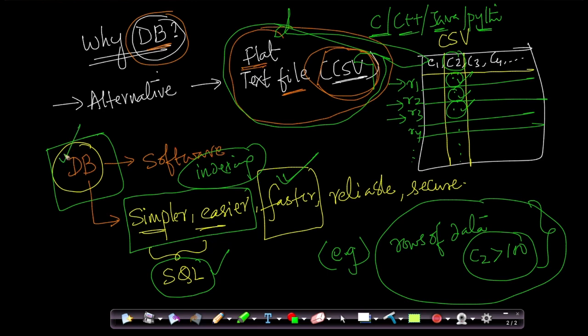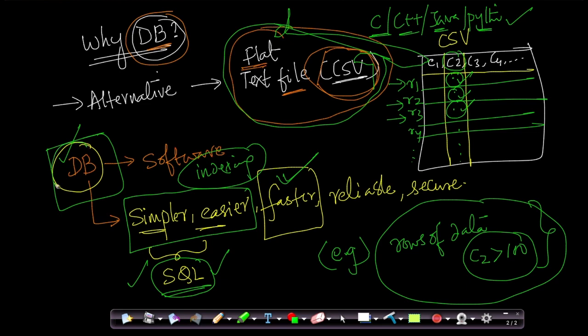The database takes care of retrieving the data for you. You don't have to know about file handling. You don't have to know advanced programming. You don't have to worry about if this table is very large. You don't have to know concepts in operating systems, etc. All you have to do is write a single line, literally a single line of SQL query. Everything is taken care of for you, right?